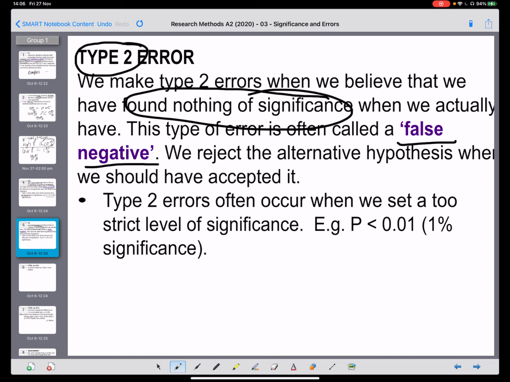I've rejected the alternative hypothesis, but unfortunately I should have accepted it. This often happens when we get to the 1% significance level, because I've made it so difficult to pass that you ultimately end up failing.